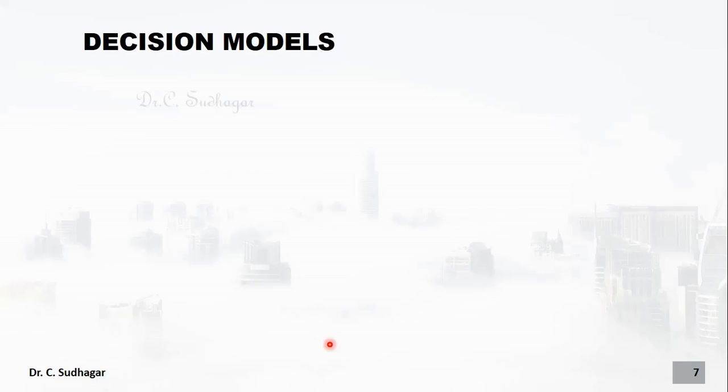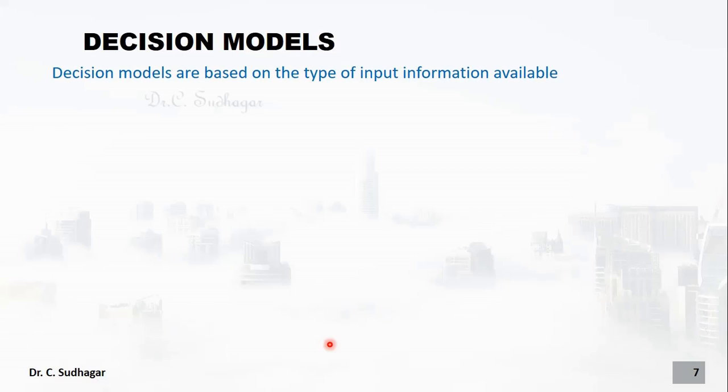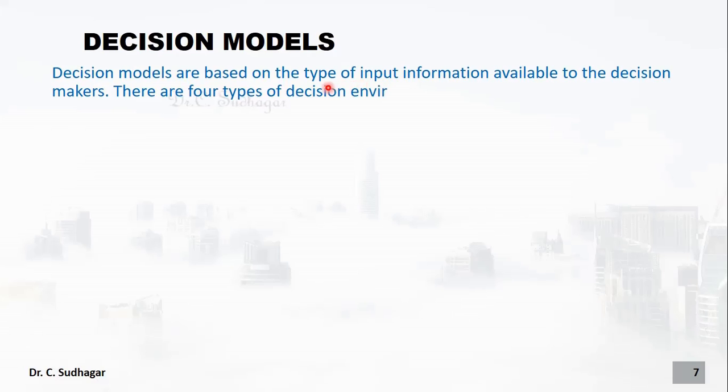Now we are going to see the decision models. Decision models are based on the types of input information available for the decision makers. So these decision models are classified based on the types of information. There are four types of decision environments, namely, the first one is decision making under certainty.